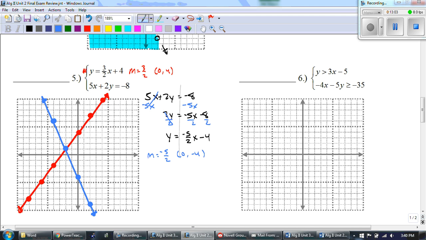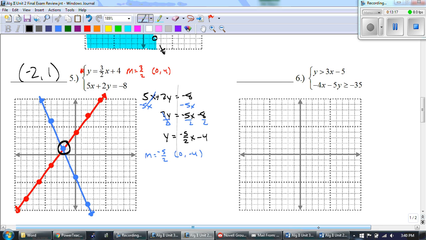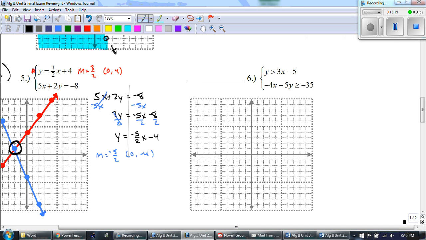And there we go. We get our point where they intersect, which is what? Yeah, -2, 1. All right, last one for this video, and then I'll do a video for the backside.